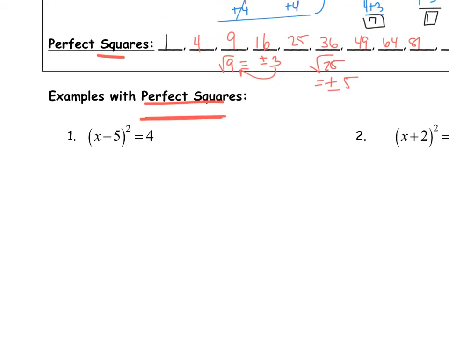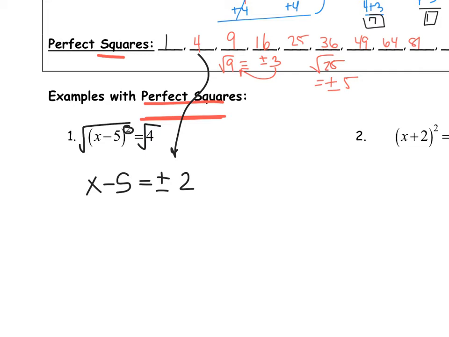So x minus 5 squared equals 4. The minute I see that square, I want to take the square root of both sides. Every time I take the square root of a square, it cancels. So the square root of x minus 5 squared is just x minus 5. And that's equal to the square root of 4, which is plus or minus 2.